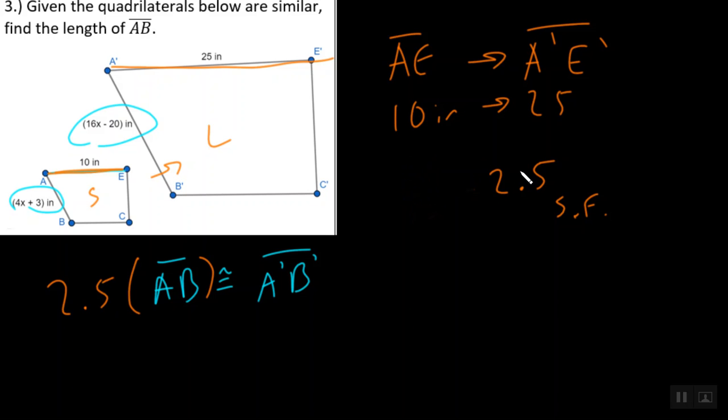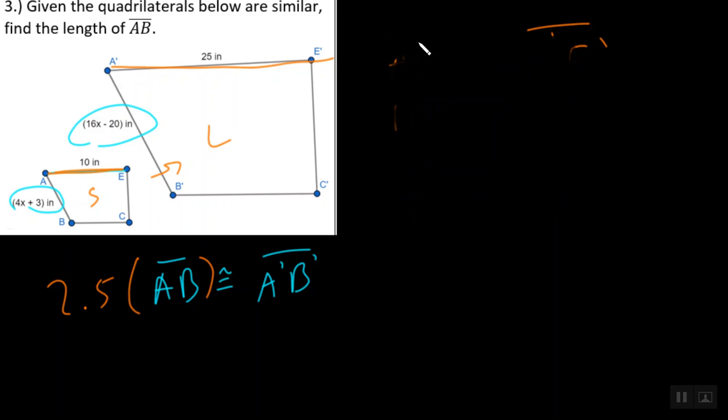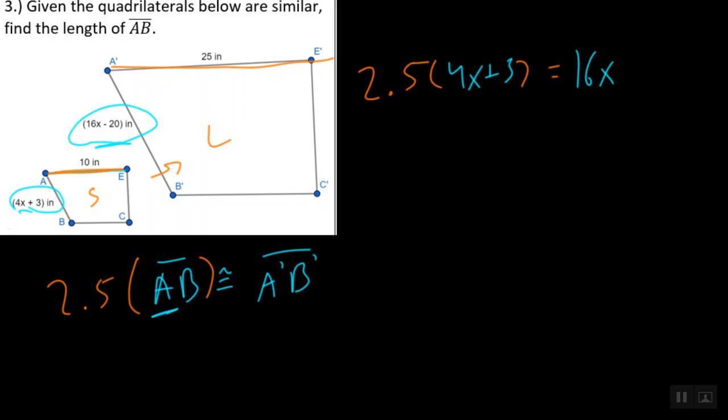Okay, so hopefully you have our scale factor written down. And what would it look like to multiply this by a scale factor of 2.5? Well, we'd write 2.5 times our expression is equal to, and here we know AB is this nice 4x plus 3, and we know our A prime B prime is this nice 16x minus 20.